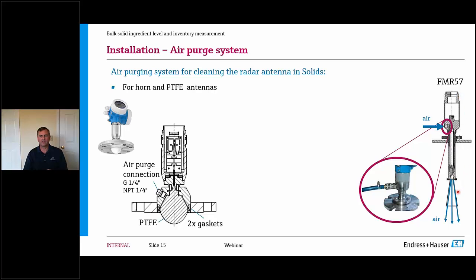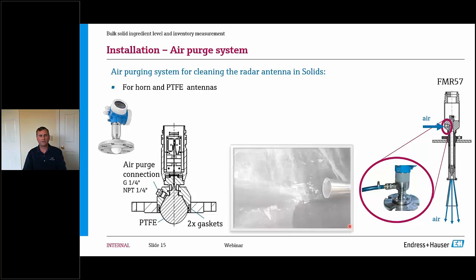That works on this type of antenna. It also works on antennas with a PTFE antenna. It's just a little bit different configuration, but the air purge is there to blow off any dust or debris that might have accumulated on the antenna itself. And we'll see here, I had this video, to see how well that works.